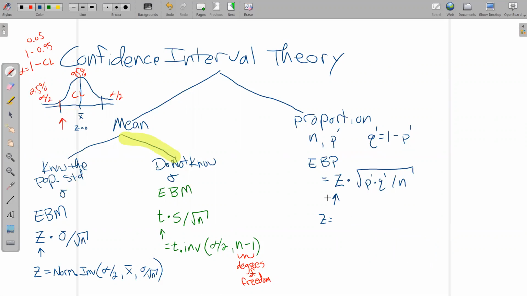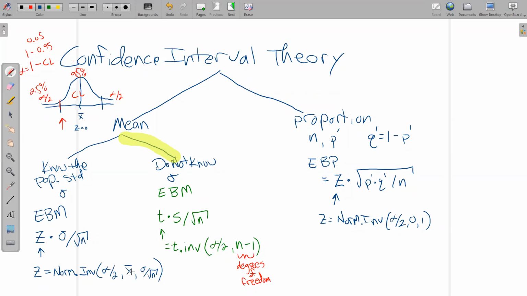Oh well. So the z-score is the norm dot inverse. And we do need to give it alpha over 2, but since we're finding a z-score, which comes from what's called the standard normal distribution, the mean is always 0 and the standard deviation is always 1. The other version of the formula actually would have calculated the lower bound of my confidence interval, so I could double check that in a minute.